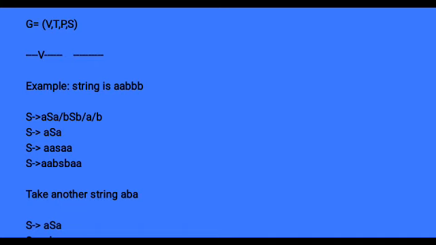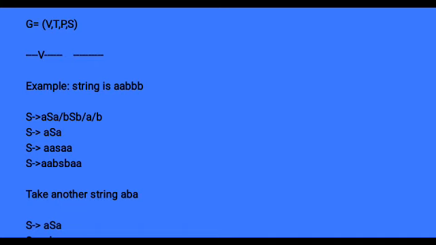Now on the screen you are seeing one small example for your understanding. Once again I am repeating here. Example, the input string is AABBB. You all know these problems, I think you have already done them in the last semester itself.